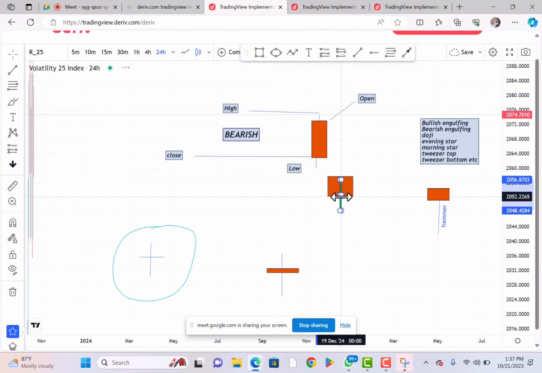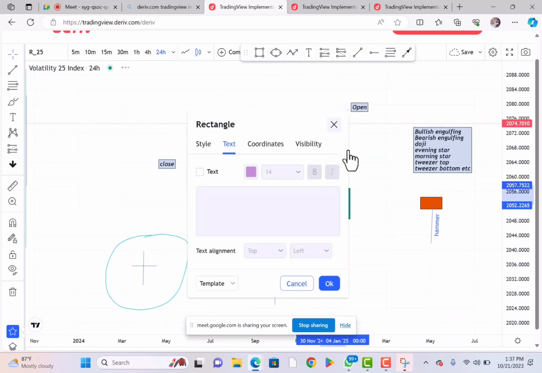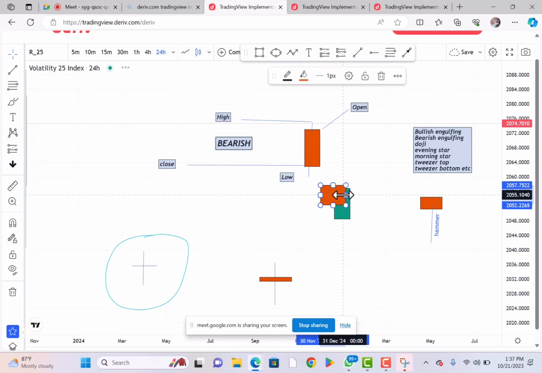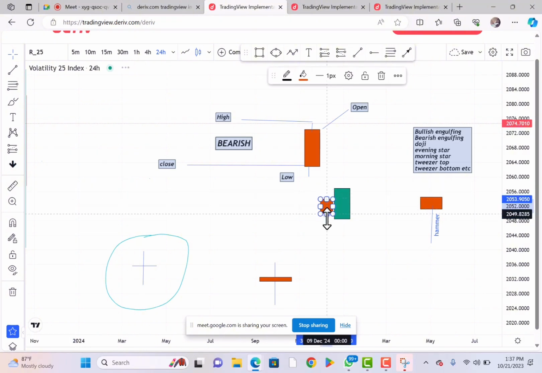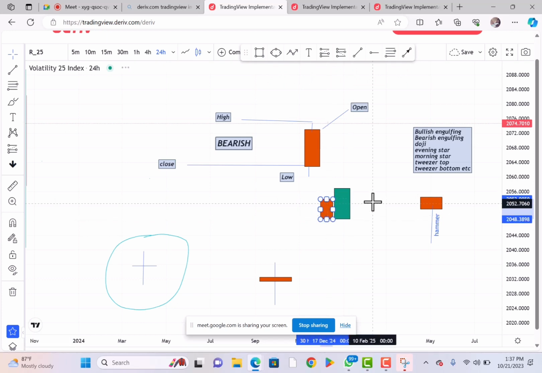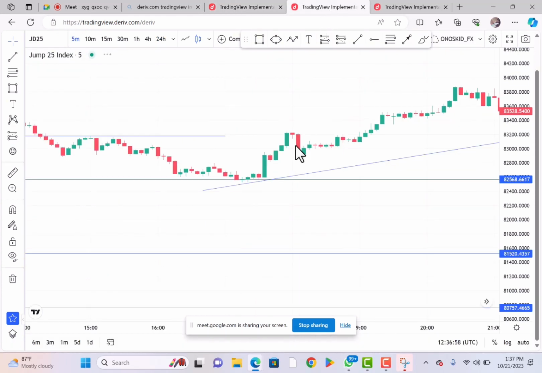Remember when I was explaining to you guys, I told you that bullish engulfing candles normally look like this, right? So you can actually see it here. This is an example of a bullish engulfing candle.